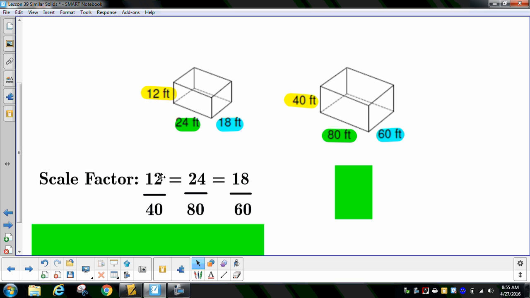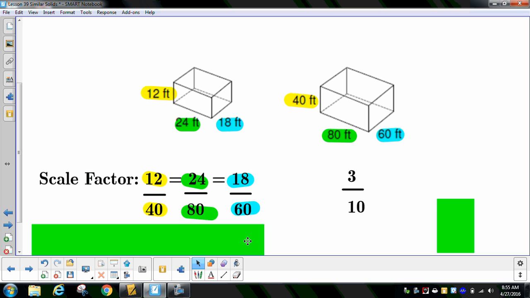I did the little solid over the big solid. So we have the yellow ones, the green ones, and the blue ones. And if we simplify those fractions, we get 3 over 10 for each of them, and that's what we call the scale factor.